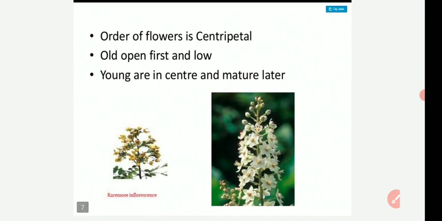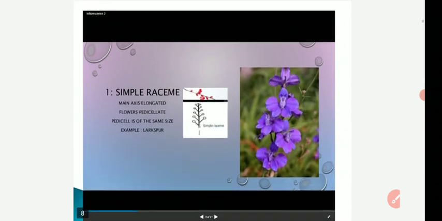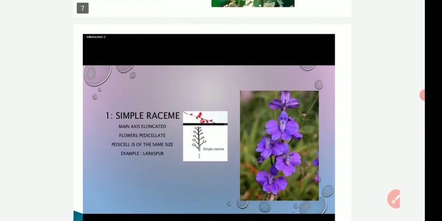These are the striking characters of racemose inflorescence. Now, the first type of inflorescence, that is simple raceme. The main axis, that is peduncle, in this case is elongated and it bears many pedicellate, bracteate or ebracteate flowers, and the lower flowers have longer pedicels than the upper ones. The example of simple raceme is Brassica.